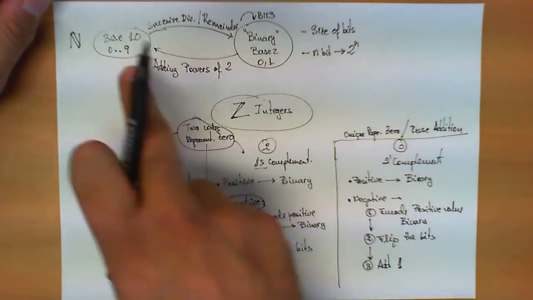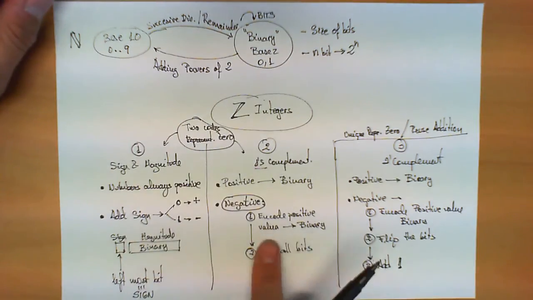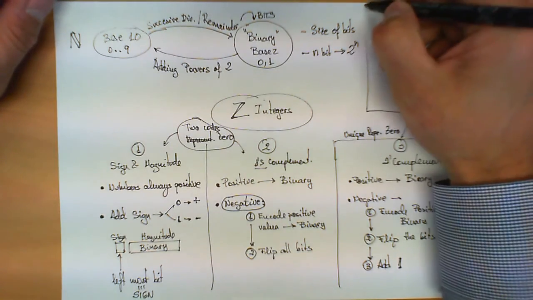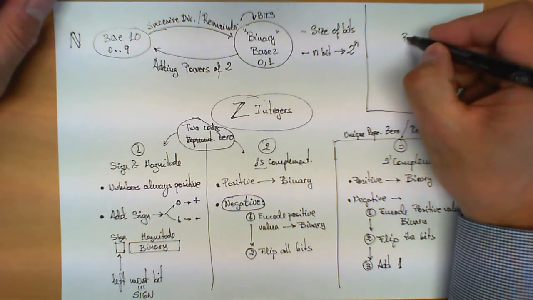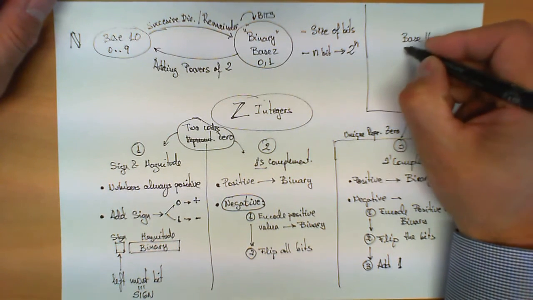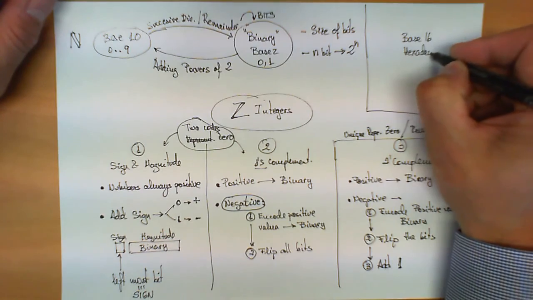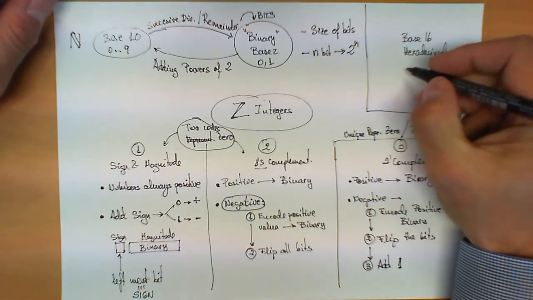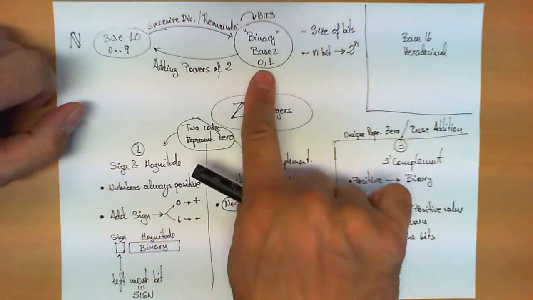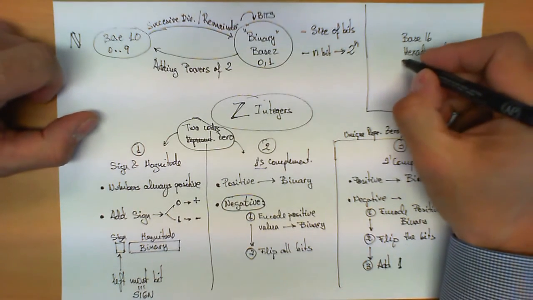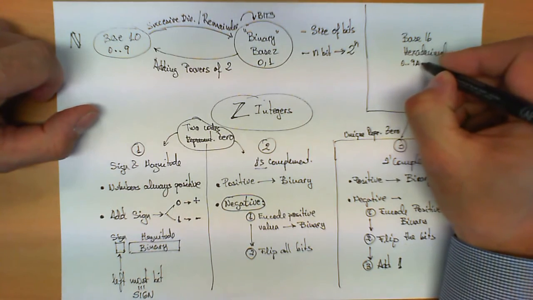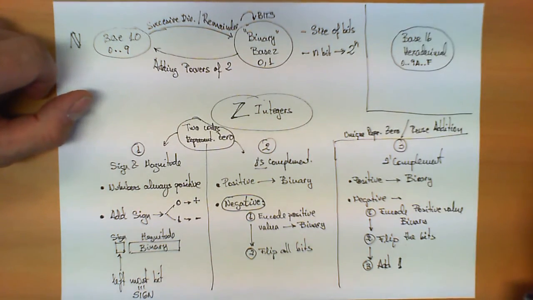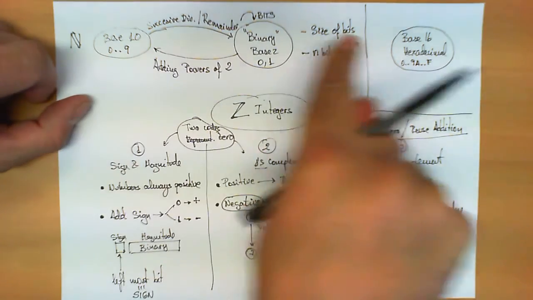Now, aside from these two representations of natural numbers and these three representations of integers, there is one extra representation that is going to become very handy, which is what we call base 16 or hexadecimal. Analogous to these two, instead of 10 digits as in base 10 or 2 digits as in base 2, we have 16 digits that go from 0 to 9 and from A to F. How would we translate a number in base 10 to base 16?